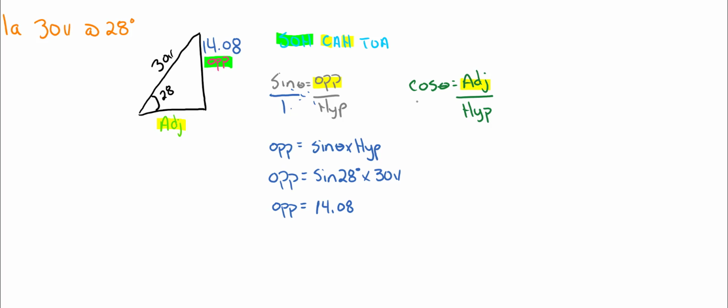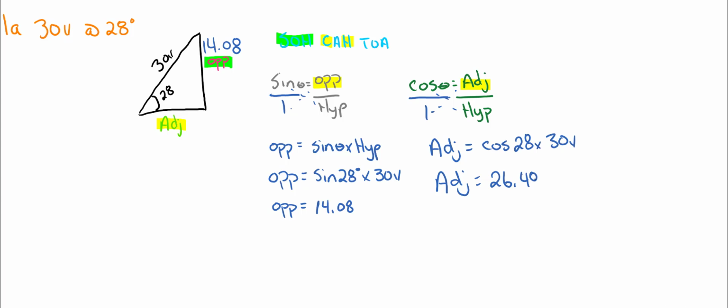How do I do that? My handy dandy cross multiplication. So then I'm left with the adjacent being equal to the cosine of 28 degrees multiplied by the length of my hypotenuse, which is 30 volts. My adjacent is equal to 26.488. Fantastic.